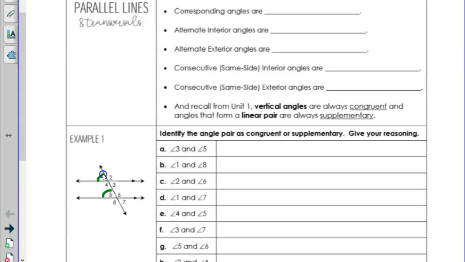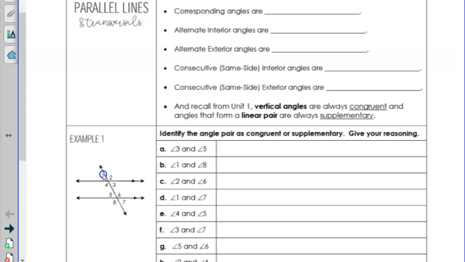So if they're both acute, or if it's like 2 and 6, 2 and 6 are also corresponding, where they are both obtuse, they're going to be congruent. So all of your acute angles are congruent to one another, and all of your obtuse angles are going to be congruent to each other. Is everybody with me so far? And that would be the same with 2 and 6? Yep, 2 and 6. So those are your obtuse ones, and they are going to be congruent as well.